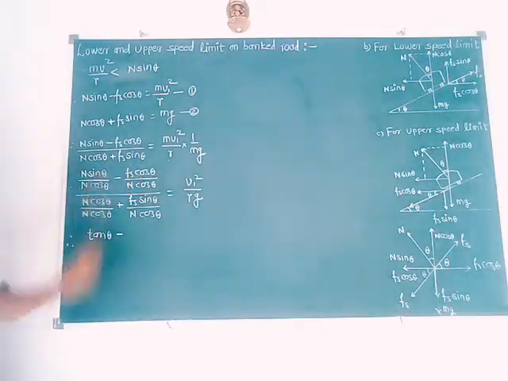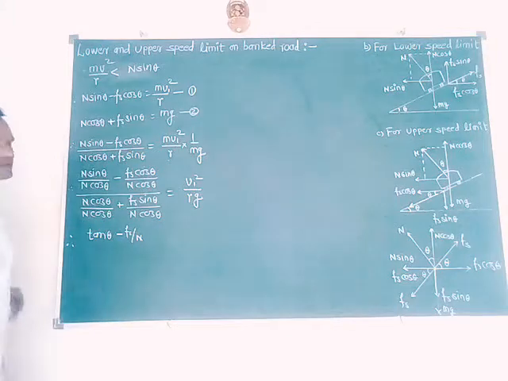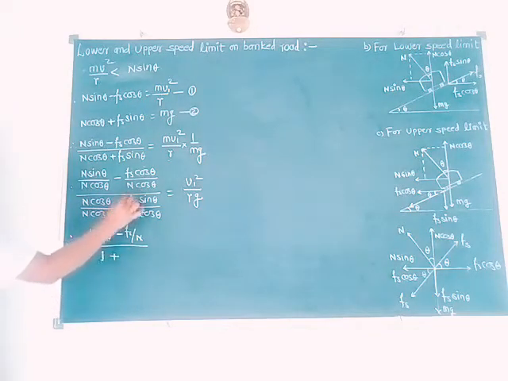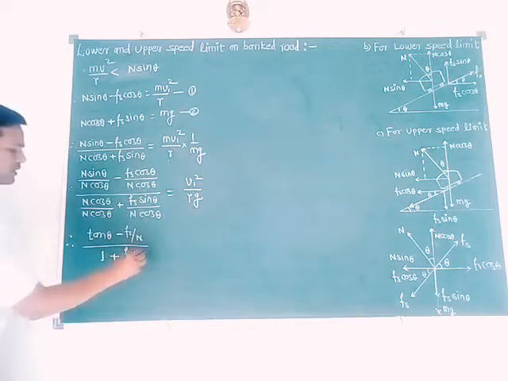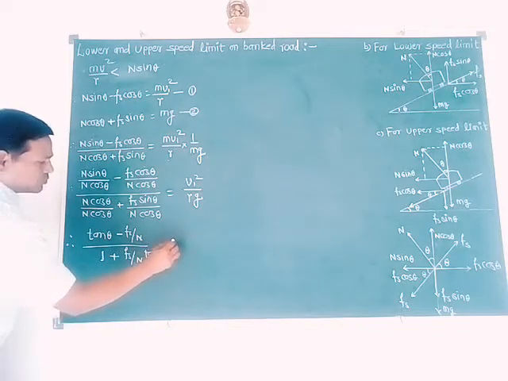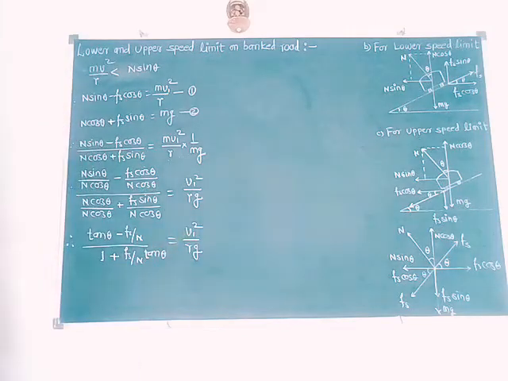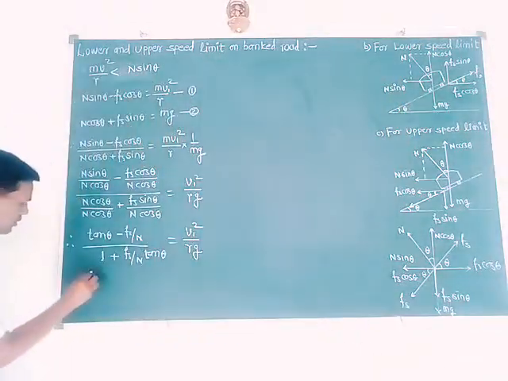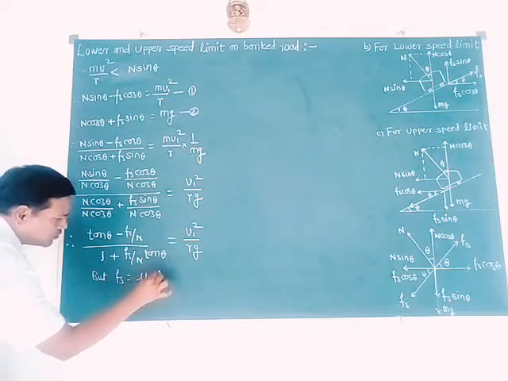minus, here we can write Fs divided by n, into cos theta gets cancelled, plus n cos theta gets cancelled, here is only 1, plus again Fs by n. What about sin theta upon cos theta? Yes, it is tan of theta, equal to v1 square upon rg. But we know in case of friction, force of friction is equal to mu s into n.